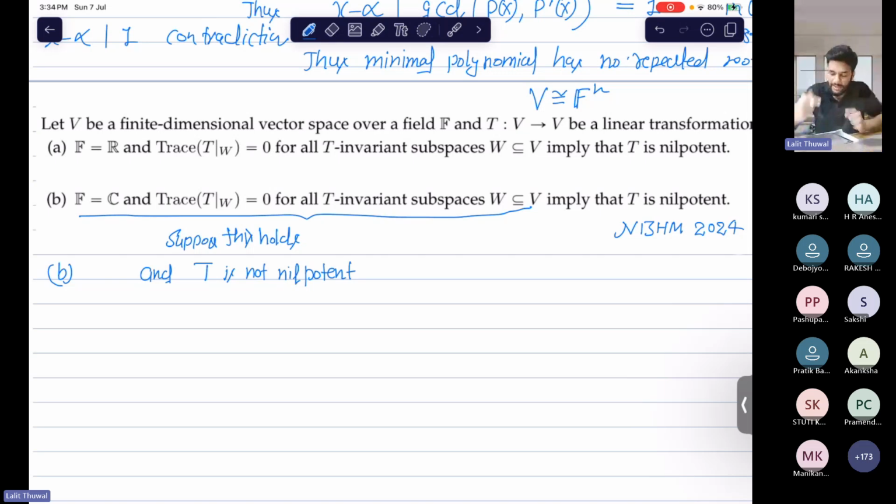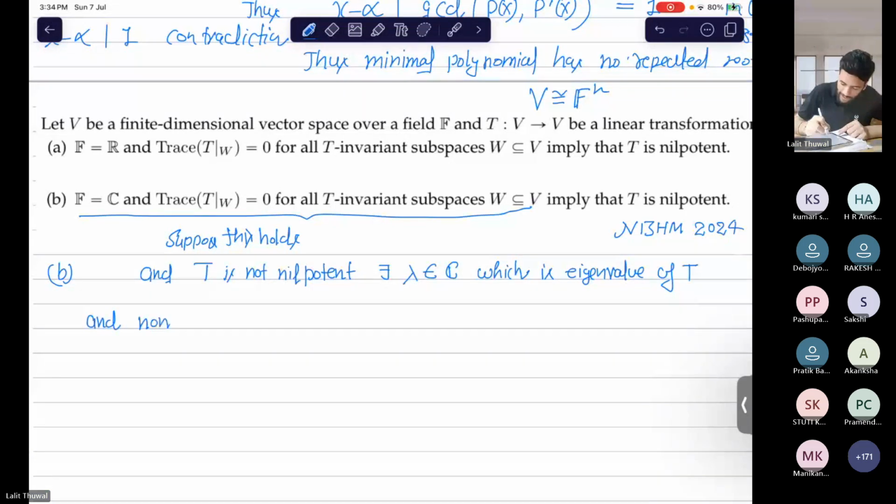So if T is non-nilpotent, there exists a lambda in C which is an eigenvalue of T and non-zero, because an operator is nilpotent if and only if all of its eigenvalues are zero.